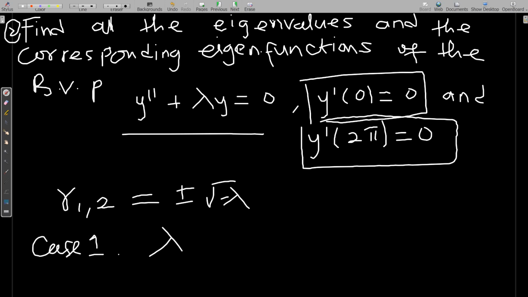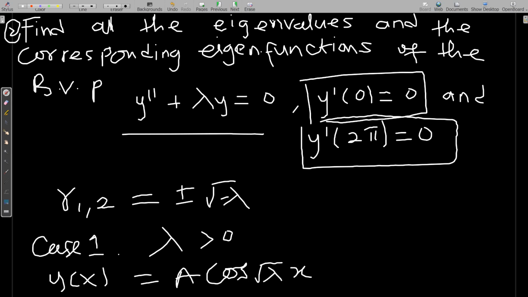That is, if lambda is greater than 0, let me put it that way, then our solution will be in terms of complex roots, because you have a square root of a negative number. So our y of x will then turn to a cos of square root of lambda x plus b sine of square root of lambda x, and I want you to go through the working aspects.